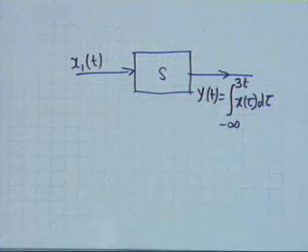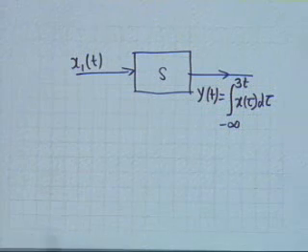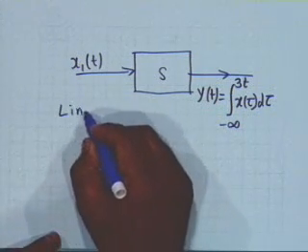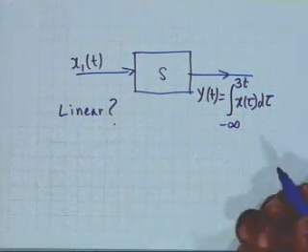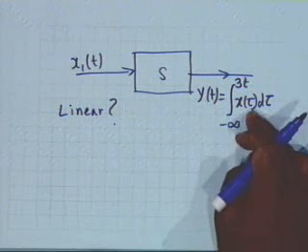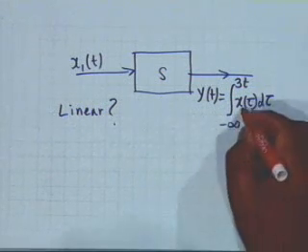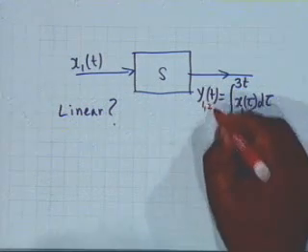We have to characterize this system. The first thing we ask is, is this a linear system? If I apply x1, the output is y1. If I apply x2, the output is y2.